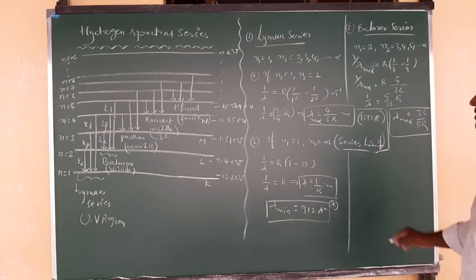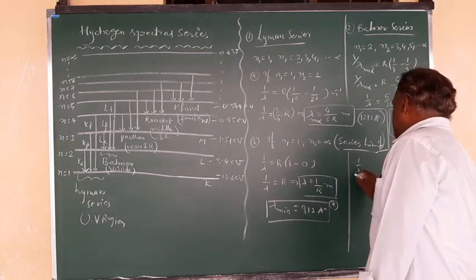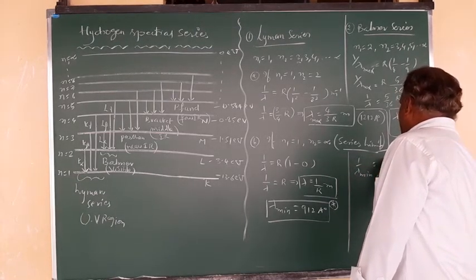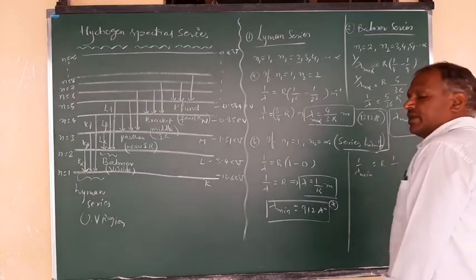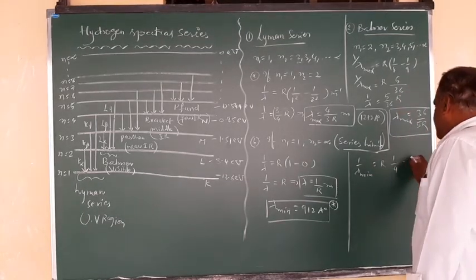Similarly, for the minimum wavelength, 1 upon lambda minimum is R into 1 by 2 square, that is 1 by 4, minus 0.